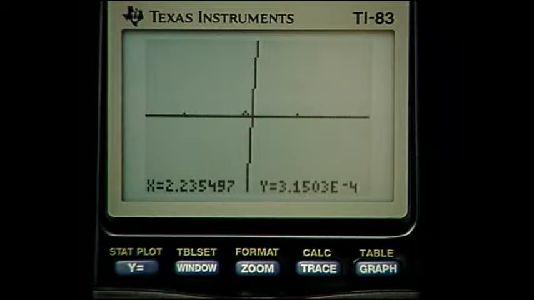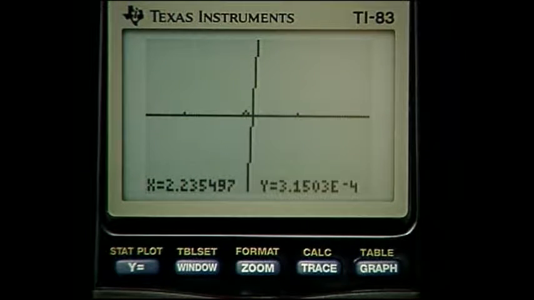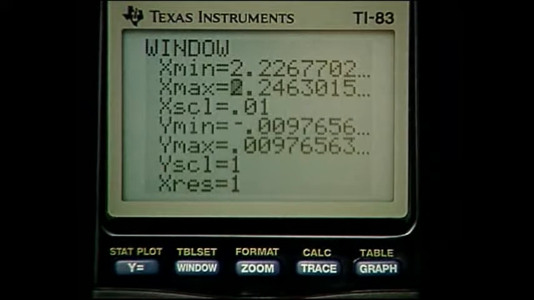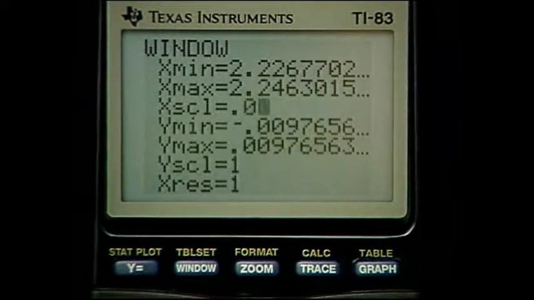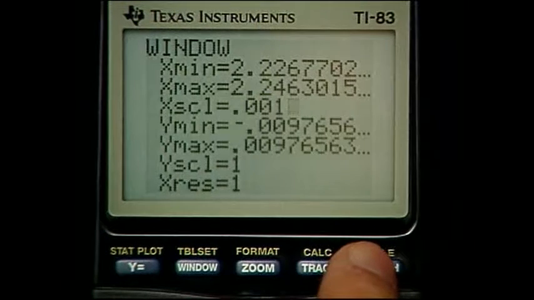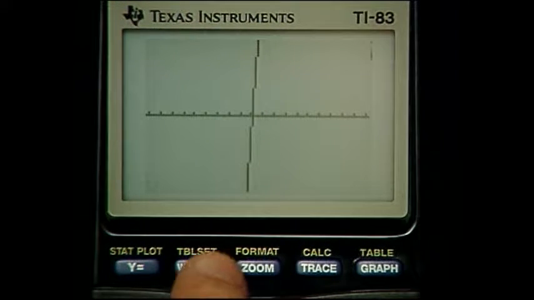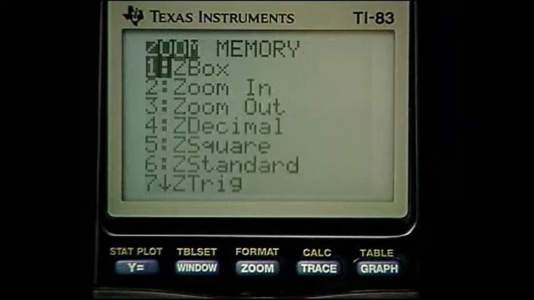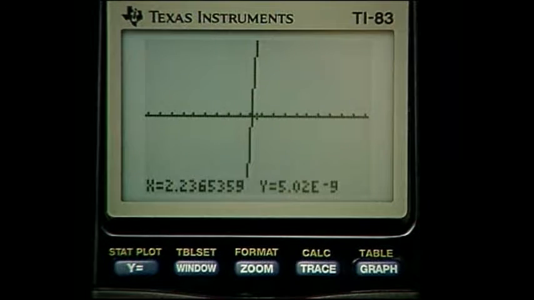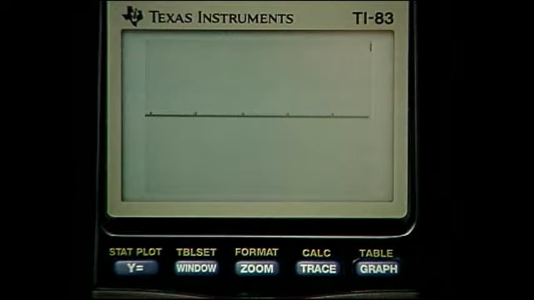We can do the same thing if we are trying to estimate the 0 to the degree of accuracy of 1,000th. We can just go Window and down to 0.001 and then Graph. And then we'd like to zoom in. I'm pressing number 2, and I have a centering icon, and those little tick marks now are at the thousandths positions.